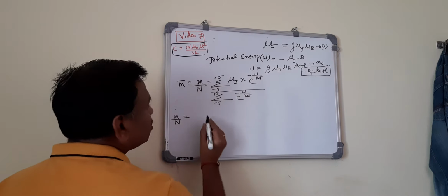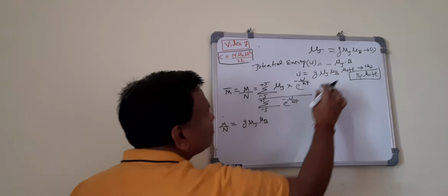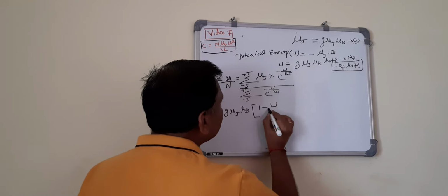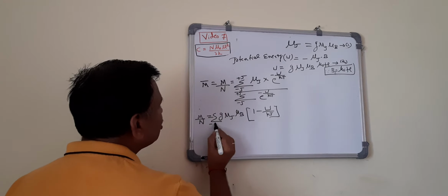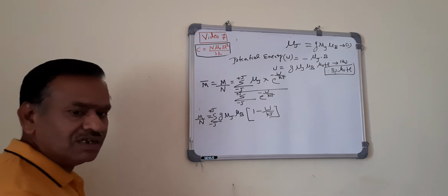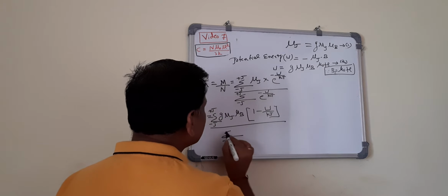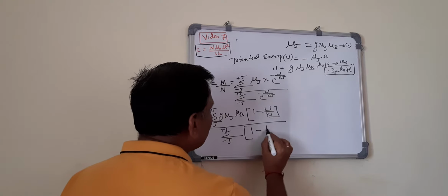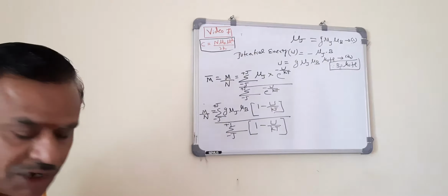Here, equation 1, g mj mu B into bracket 1 minus u divided by kT, summation from minus j to plus j, divided by the summation from minus j to plus j of 1 minus u divided by kT. That's the equation.